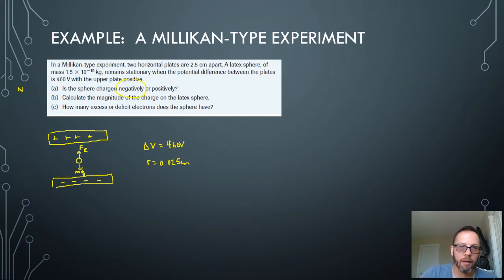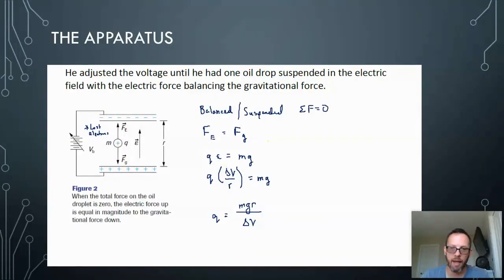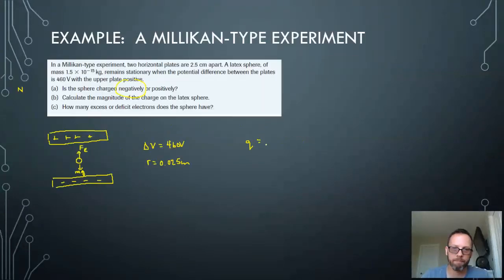So let's calculate the charge on the sphere using Millikan's experiment. We don't need to rederive that expression for Q. We already did that. It was mgd over delta V. So let's just make use of that.